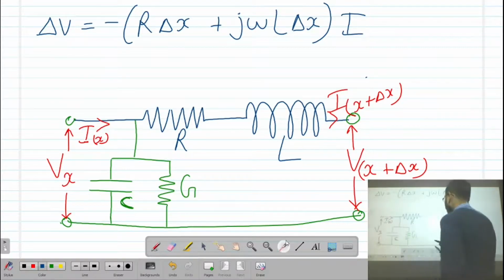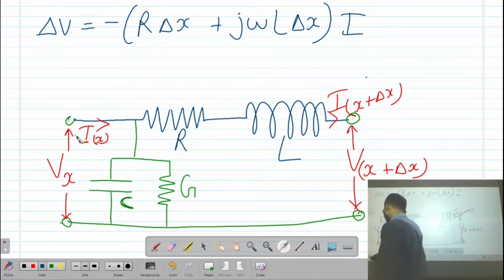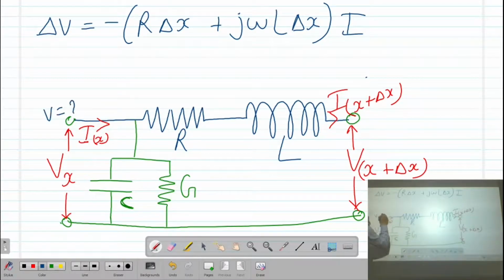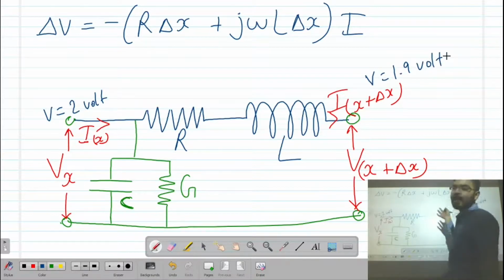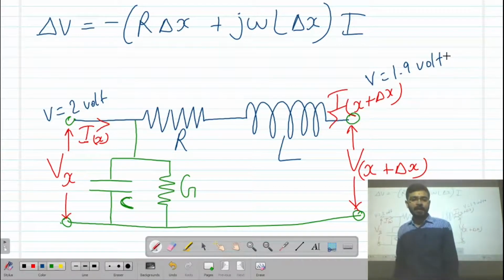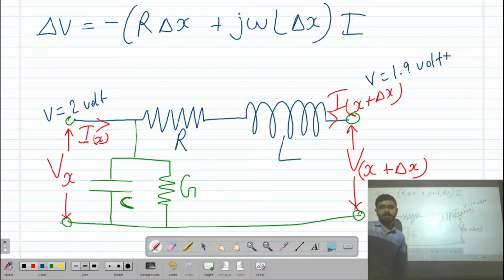Suppose the voltage is 2 volts over here, then over here it is definitely going to be 1.9 volts. This is just an example. It is definitely going to decrease, not increase. As it is decreasing in the negative direction, we need to have a minus sign, right?